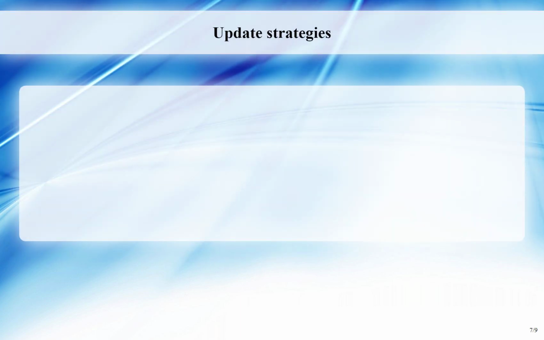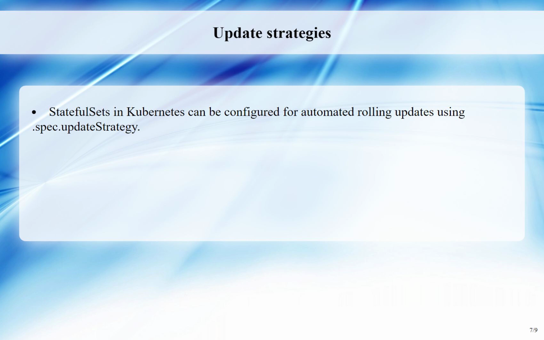Update strategies. StatefulSets in Kubernetes have a field called .spec.updateStrategy that allows for the configuration and disabling of automated rolling updates for pods. There are two possible values for this field: OnDelete and RollingUpdate.